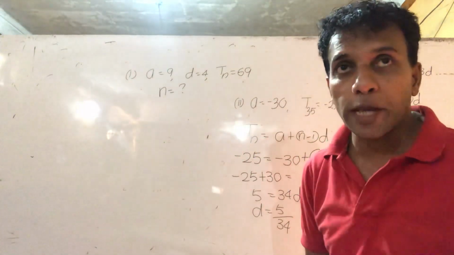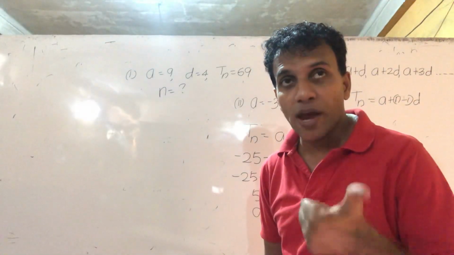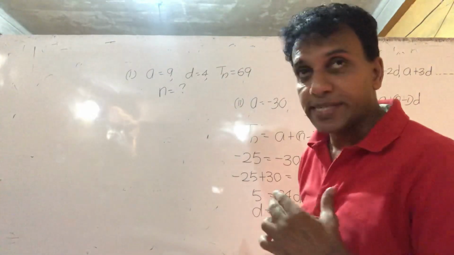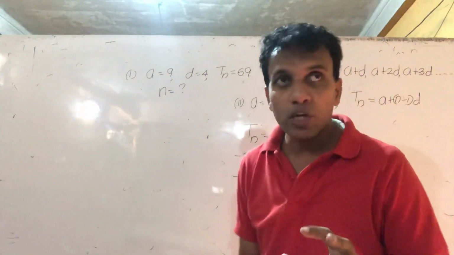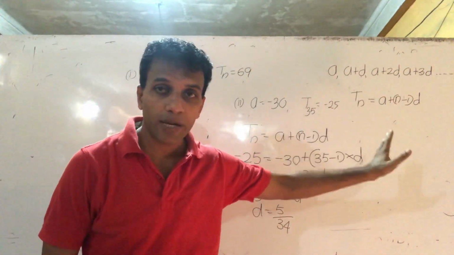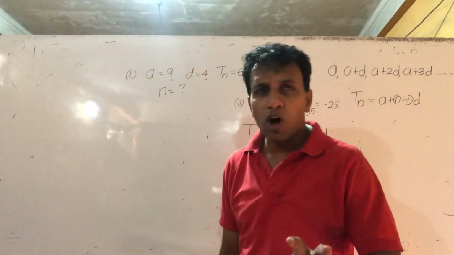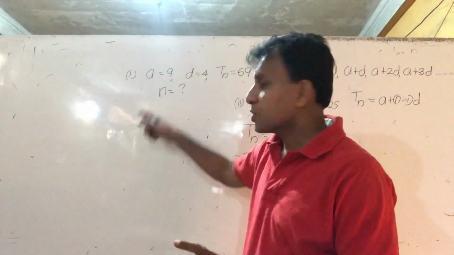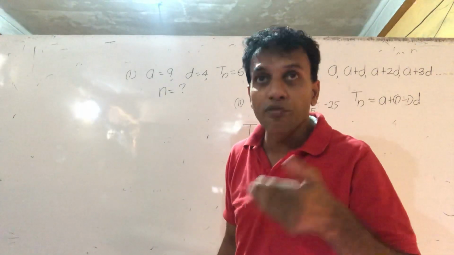Another important type of question. Today I showed first how to find the A value, second how to find the D value. Here we see how to find the N value. Everything uses this formula, Tn equals A plus n minus 1 into D. So write the formula and substitute everything. This is notation form. How will they give this in word form?